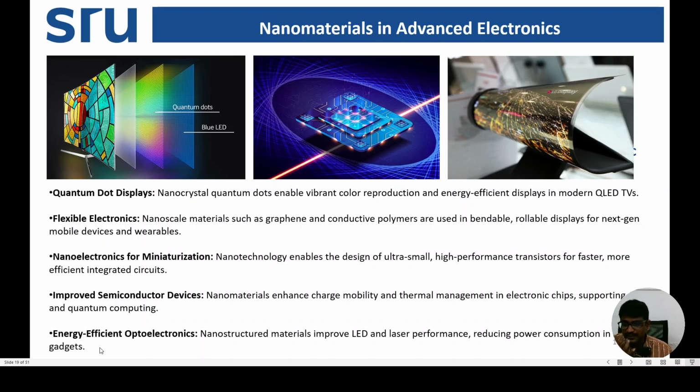Right. So we need highly power efficient devices. There are a lot of electronic devices in today's world that we are using, and those are all byproducts of nanotechnology only, right? So that's why nanomaterials have a big role in today's advanced electronics, okay.